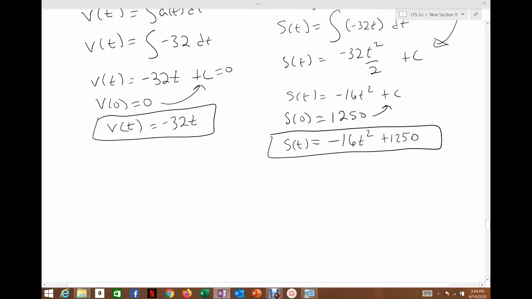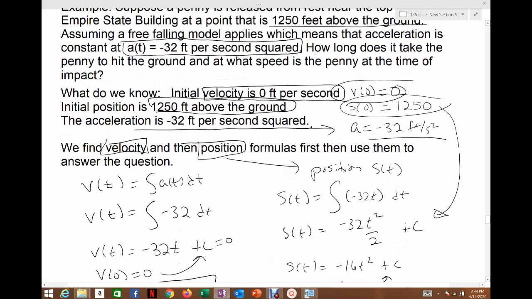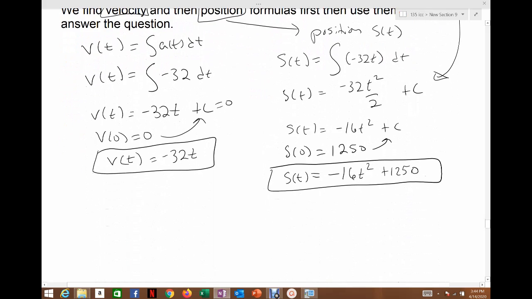Now I'm going to use them to answer my question. The question was, how long does it take the penny to hit the ground, and what speed is it at that time? So the how long question is this: how long will it take the penny to hit the ground?